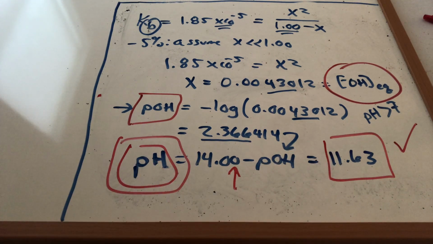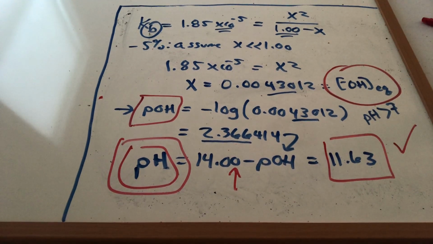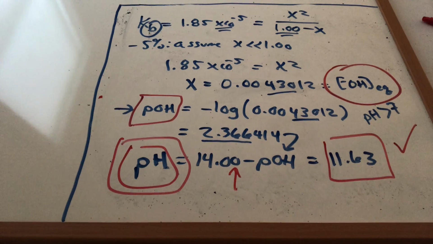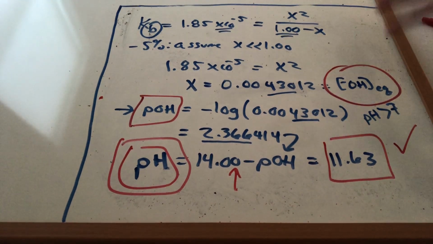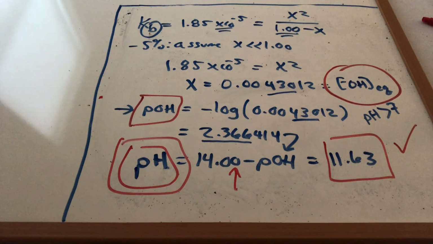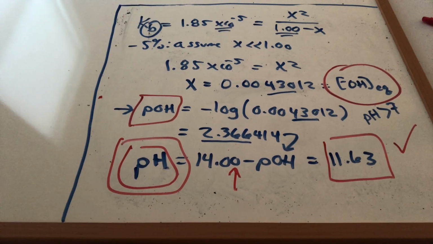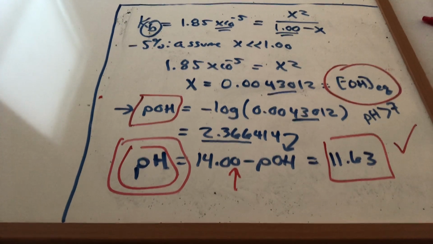And our final answer is 11.63. So again, the math doesn't seem so difficult if you've practiced from the last set of videos. It's just some extra steps at the beginning to make sure you understand the chemistry, and then some extra steps at the end to make sure you can get to the information that you're supposed to get to. Expressing it in terms of pHs and pOHs is a common thing.